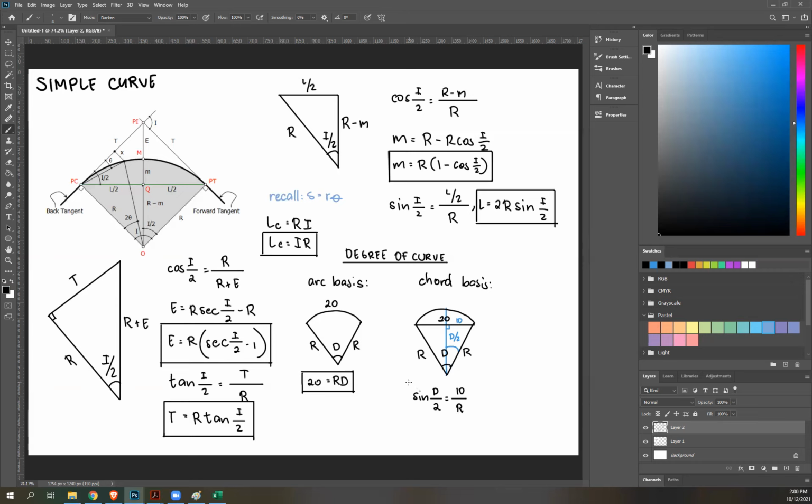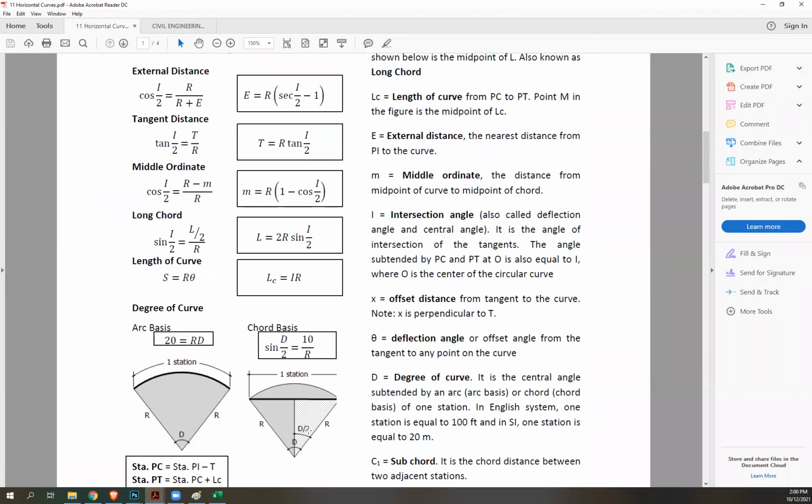Okay, opposite over hypotenuse. And that's how the equation for chord basis came to be. And that 20-meter arc, or 20-meter chord, is equivalent to 1 station.